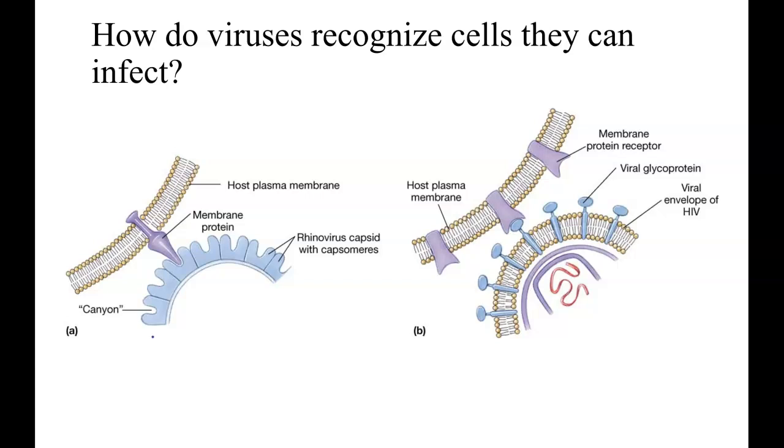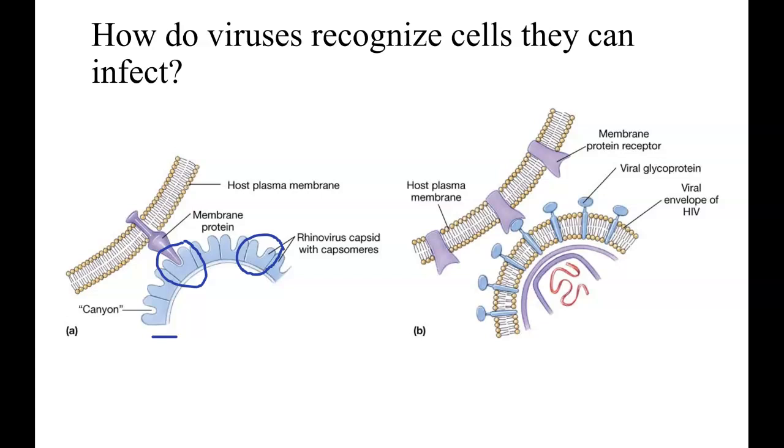So this picture A on the left-hand side, you can see that this virus does not have an envelope. So it has that exposed capsid. And remember that capsid is made up of those capsomeres. Here are the capsomeres. You notice that these capsomeres have these little divots in them, almost like a puzzle piece.